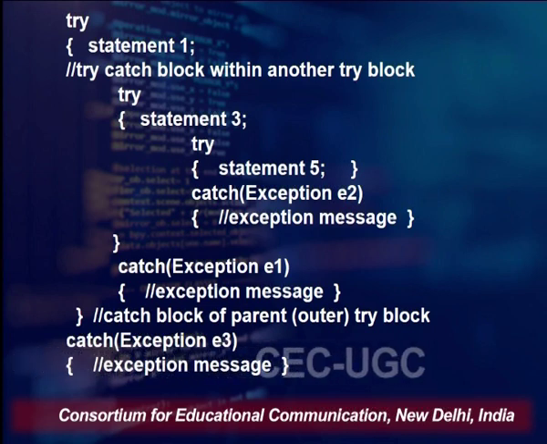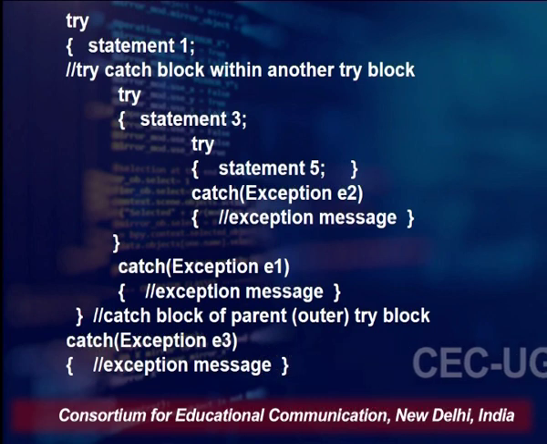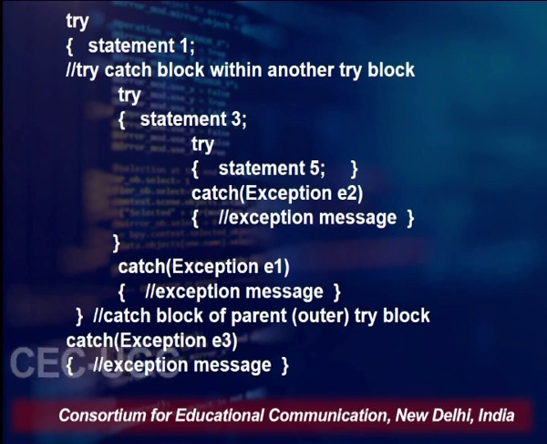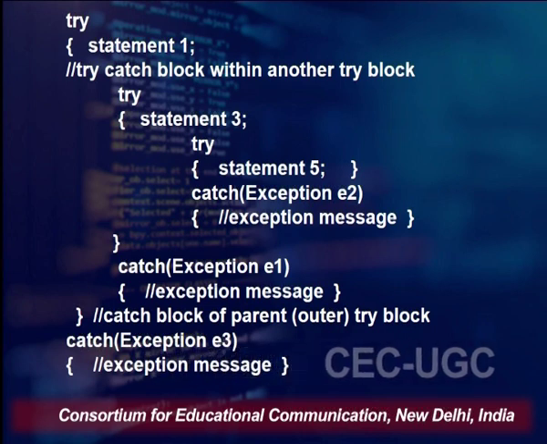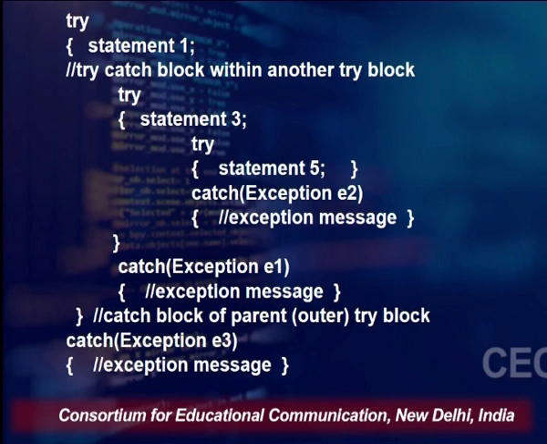So here one try is within another try, and the third try within the second try, and all the catch mechanisms are bound with individual tries. How do we recognize which catch is with which particular try? That is why I have given proper indentation here. You can see that the innermost try, written with statement 5, is indented in line with the catch exception E2.